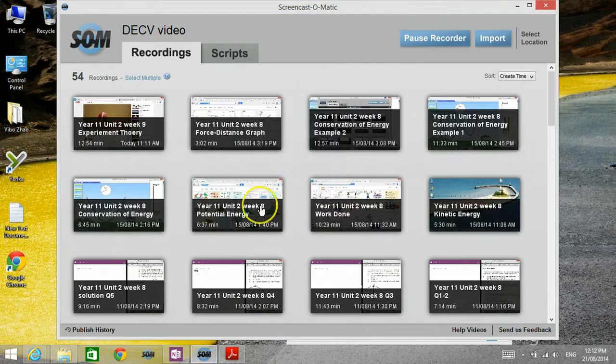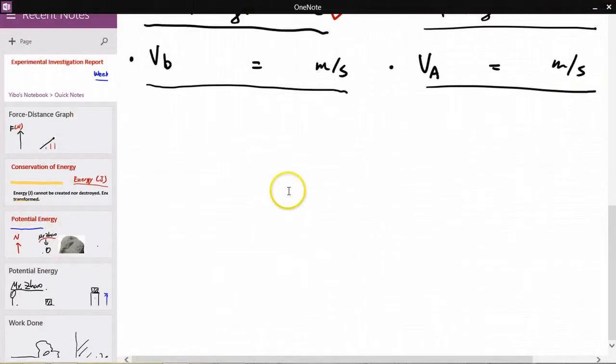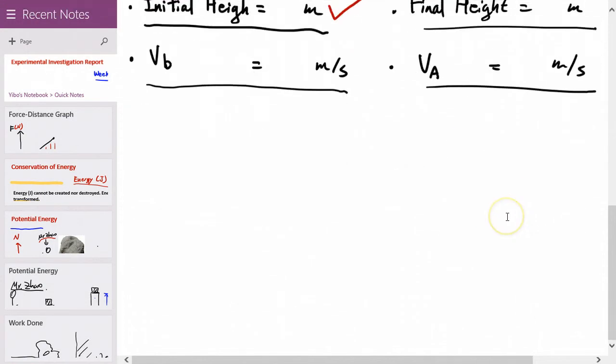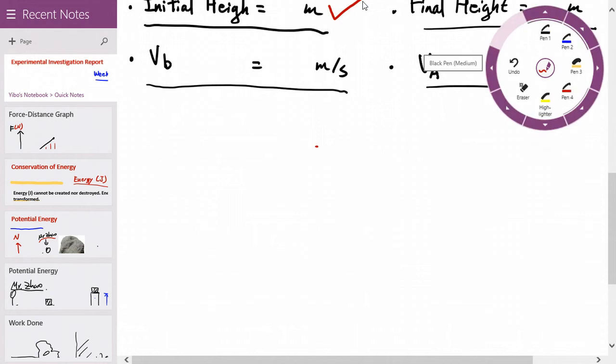What I think you could do to measure the final height will be similar, but we don't use a high-speed camera.